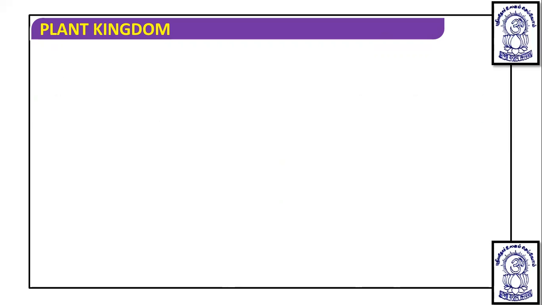So this is what we have discussed till now, the classification, the classes. Now we are going to discuss one small topic, the stele. First, what is a stele? That we have to understand.